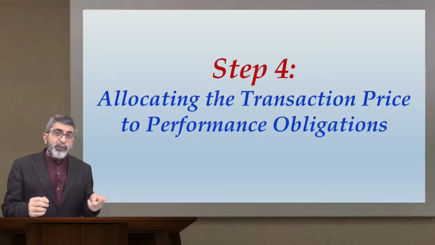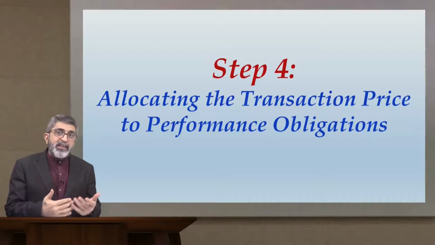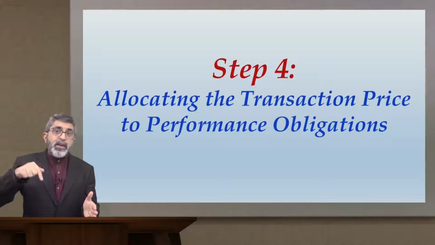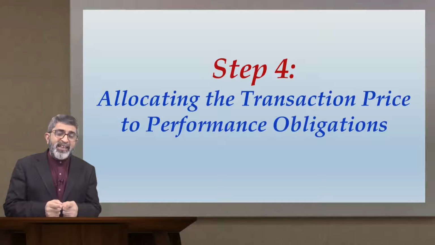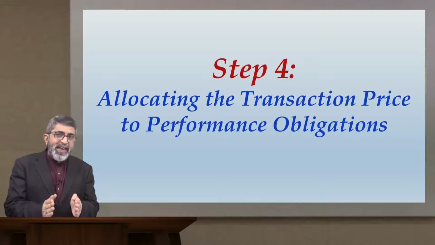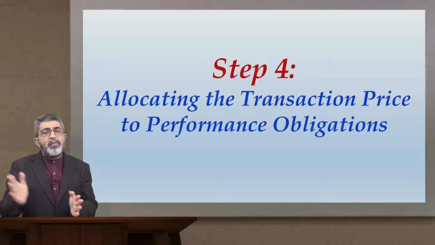When you identify the performance obligations under step 2 and find there are multiple, then when you identify the transaction price in the third step, you need to allocate that transaction price over multiple performance obligations.